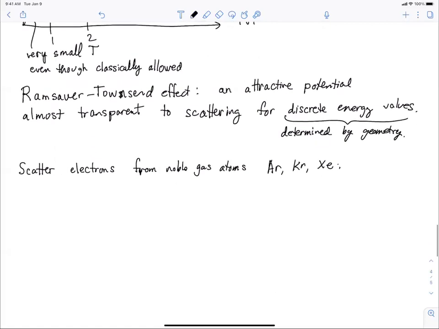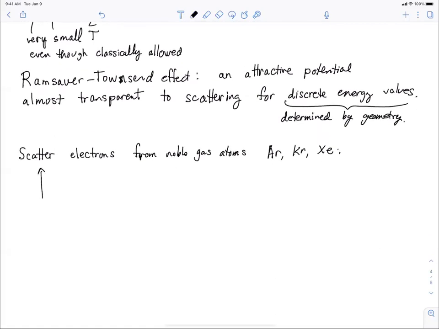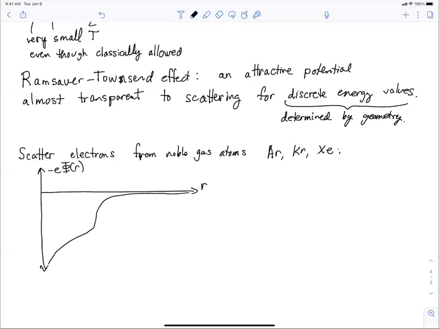If you look at the potential that you get from those kinds of atoms, because they're noble gases, they tend to have a complete shell. If I graph what the potential looks like as a function of distance, it looks something like this.